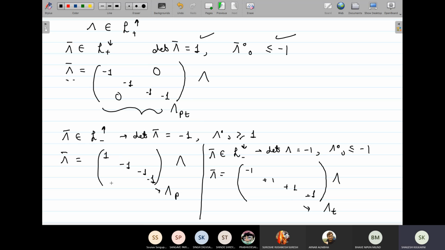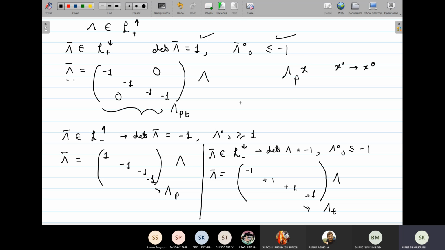This matrix, you can think physically, is the matrix which changes the sign of spatial coordinate. If you act this lambda p on, say, x, what is going to happen? X0 will go to x0, right? You can see x0 column.